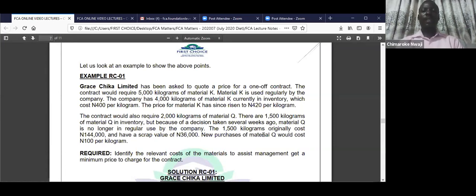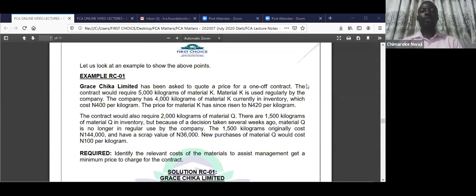Grace Chika Limited has been asked to quote a price for a one-off contract. And by saying the word one-off contract, it is a sign that it is relevant cost.